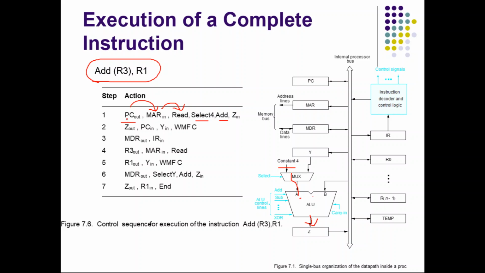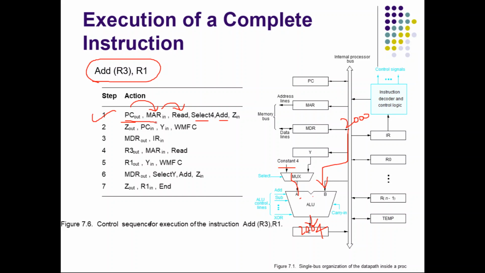So if PC contains 2000, that will be in the internal bus and available through B, and the multiplexer has 4. So it will add 2000 plus 4, which is 2004, and that will go to Zin.